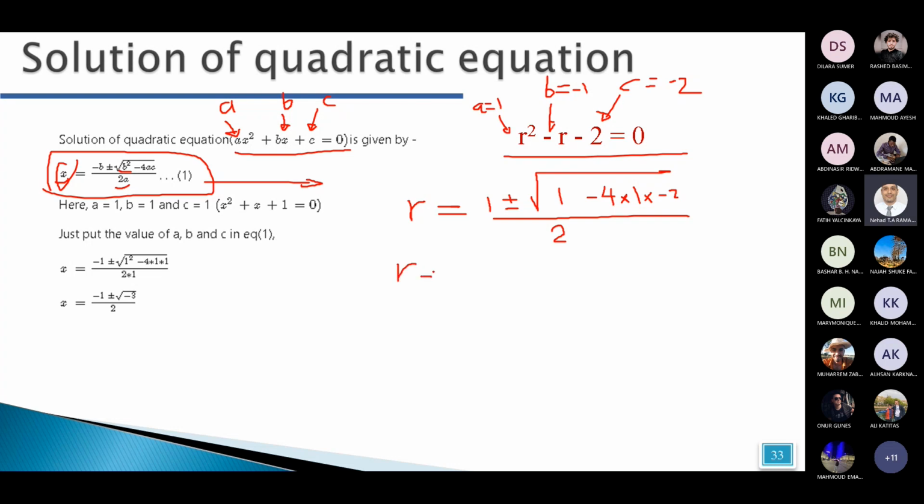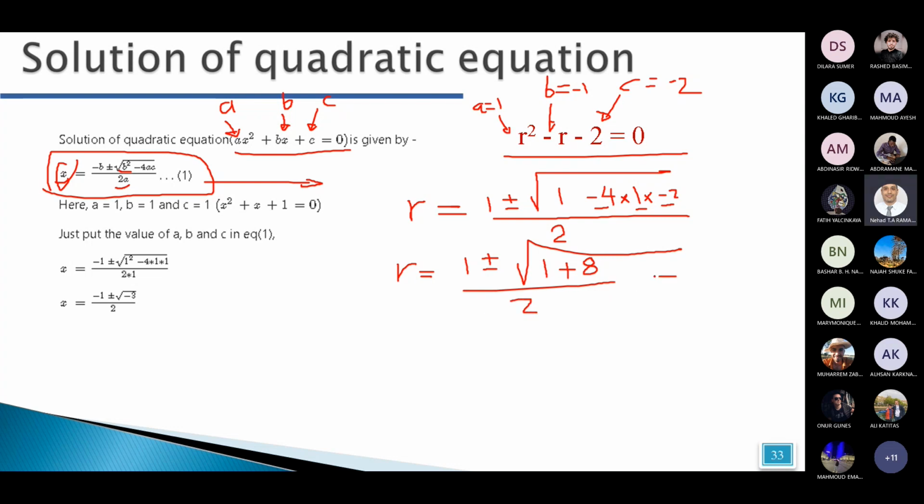Okay, so r equals 1 plus minus, which means we have two solutions: when it's a plus, and when it's minus. Okay, root of 1 plus 8, because minus 4 multiplied by 1 multiplied by minus 2 is plus 8, all divided by 2.